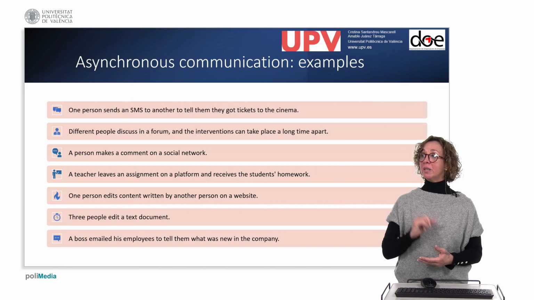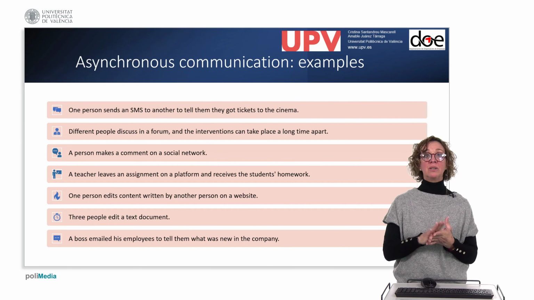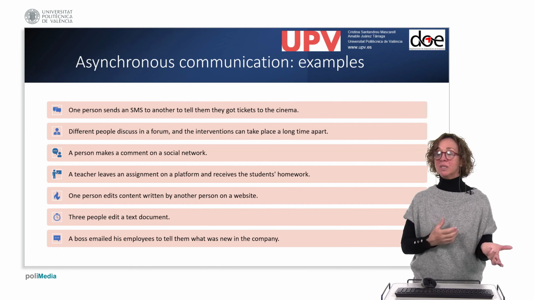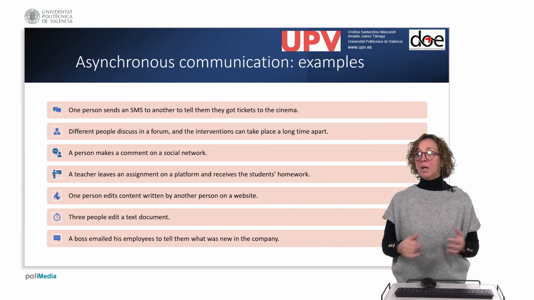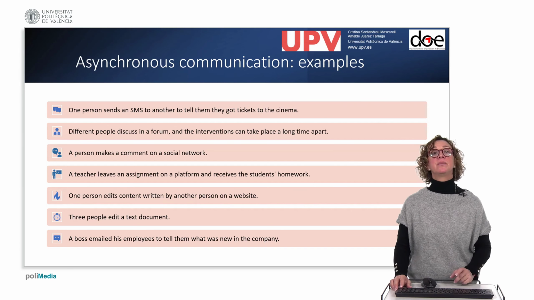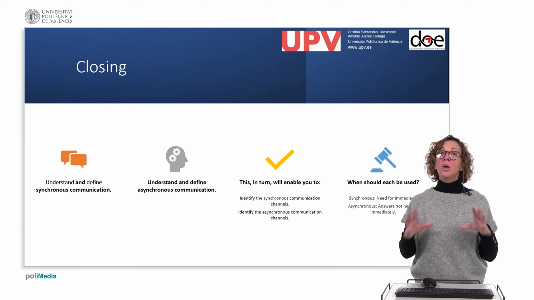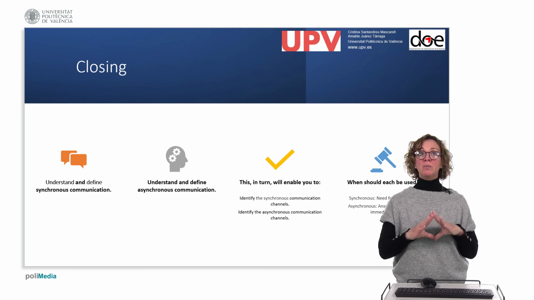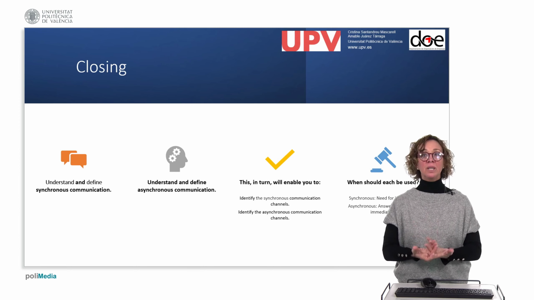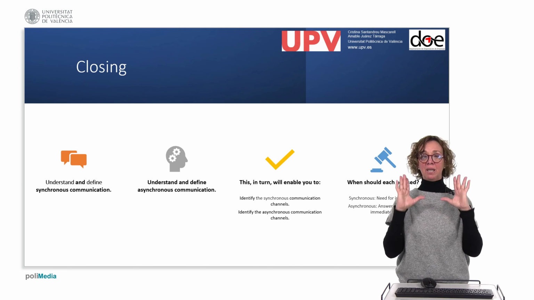In the same way, here we present some examples of asynchronous communication, such as a person who edits the content that another person wrote on a website, or three people editing a text document. Once we are clear, in a very simple way, the difference between synchronous and asynchronous communication, you must be very clear when each of them should be used.